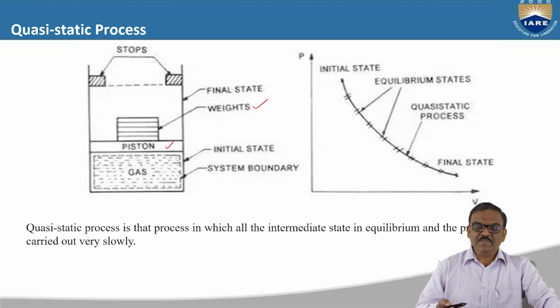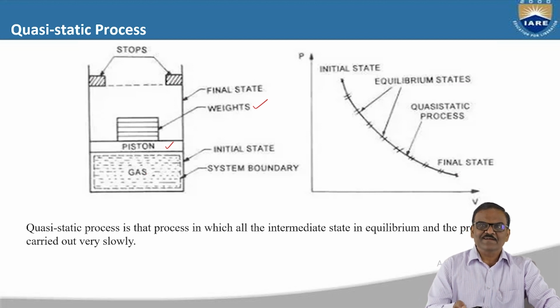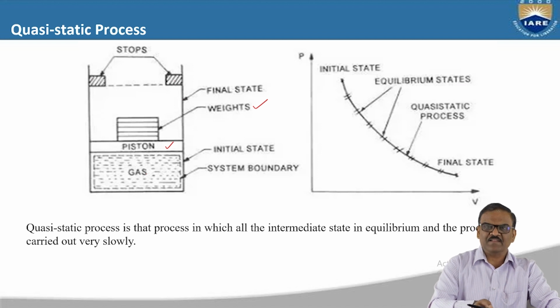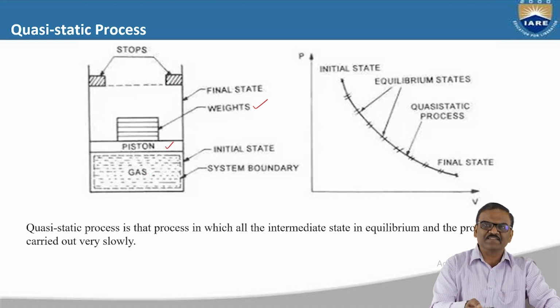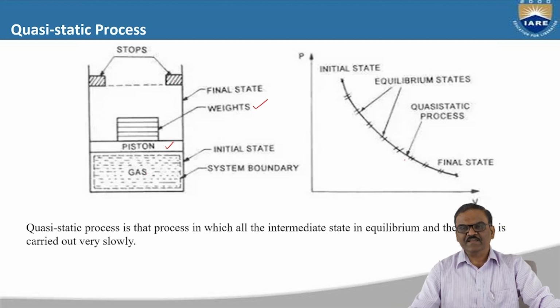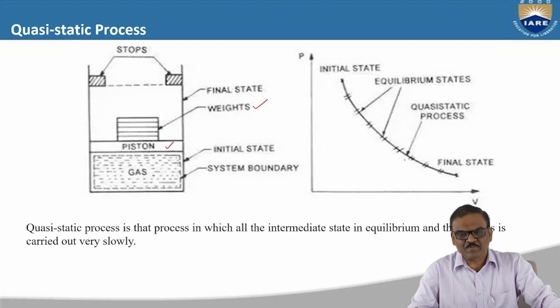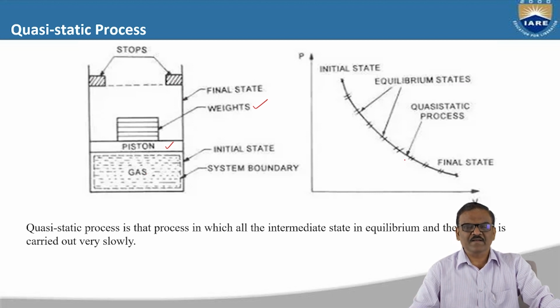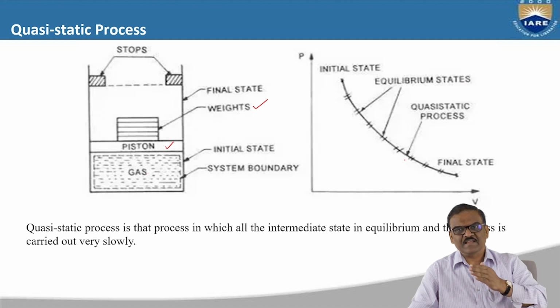If you keep adding the sand particles once again and take the system from the final stage to the initial stage, again you will get some equilibrium states, and this process we call the quasi-static process. The process can be taken from initial to final and final to initial.